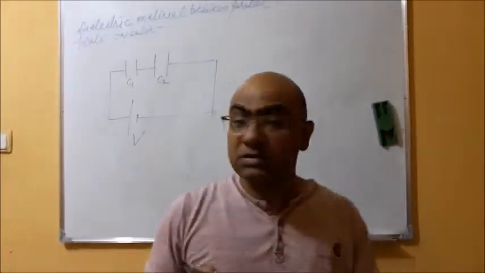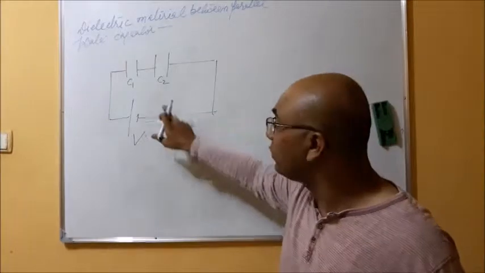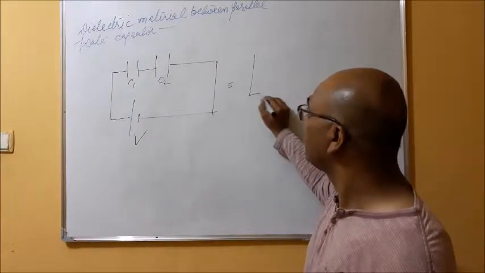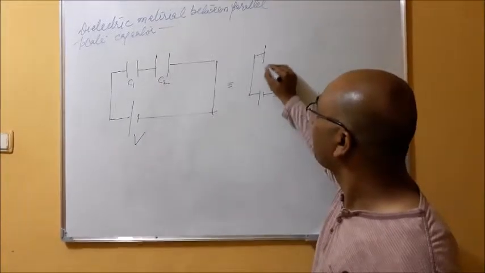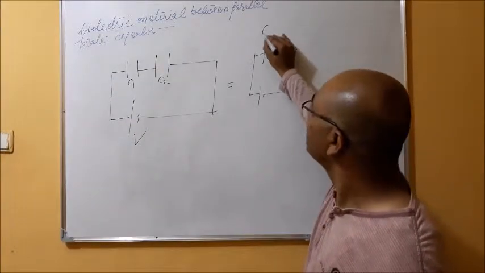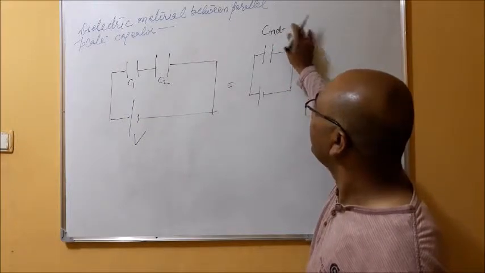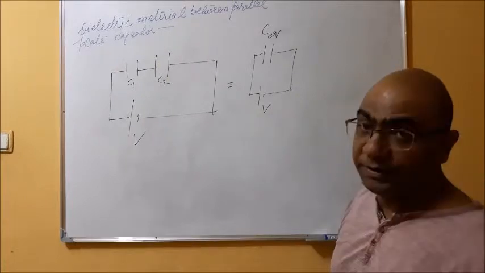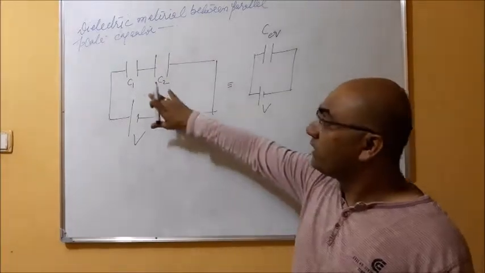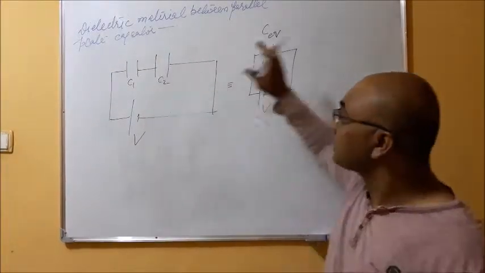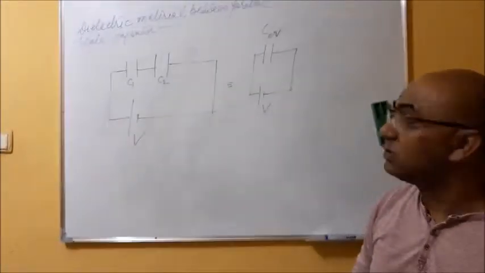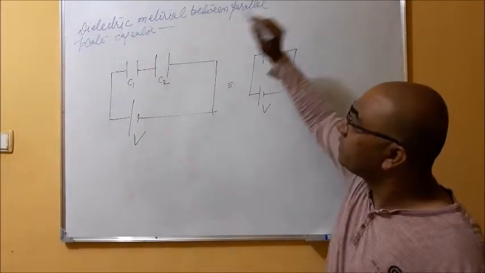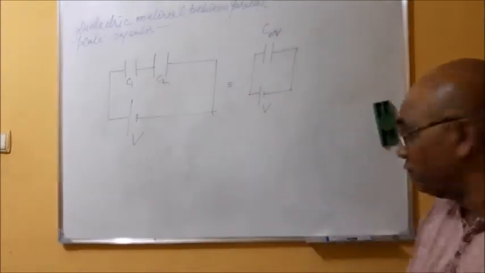The two capacitors are connected in series with this battery B, and I want to make an equivalent circuit in which a single capacitor C net, or I can say C equivalent, is connected with this battery B. Right? So in place of the combination of two capacitors, I am putting an equivalent capacitance. So my question is, what will be the relation between C equivalent and C1 and C2?